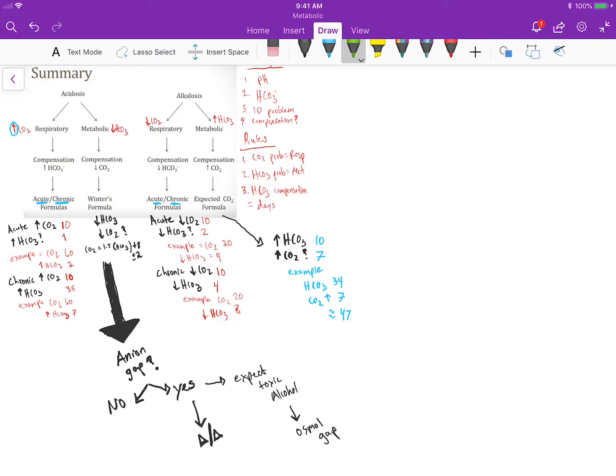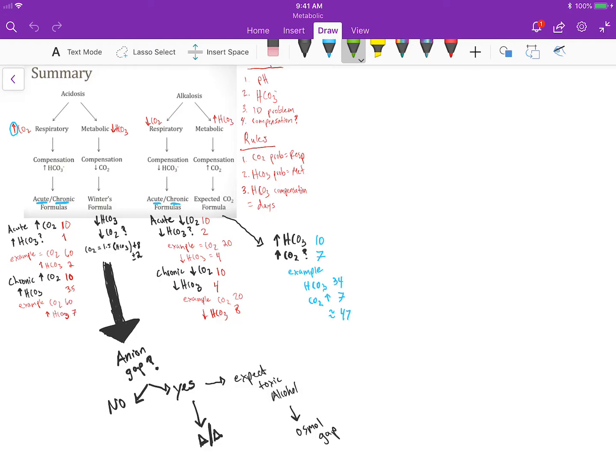By definition, if bicarb is reduced, it's metabolic acidosis. If it's increased, it's metabolic alkalosis. So the delta delta tells us specifically only about other metabolic disturbances. Nothing to do with respiratory, nothing to do with CO2, zero. All it's telling us is if we have a concomitant metabolic alkalosis or a concomitant metabolic acidosis at play in addition to the increase in anion gap metabolic acidosis.